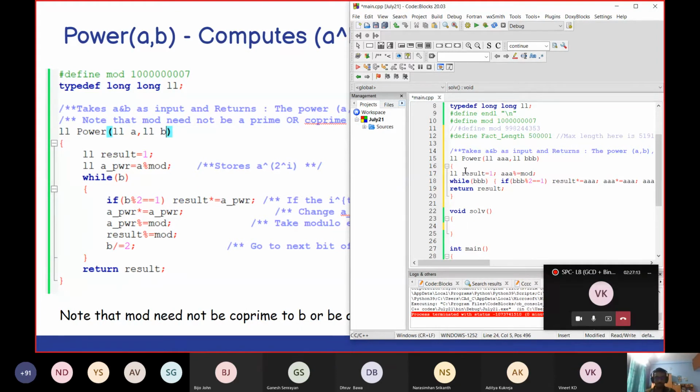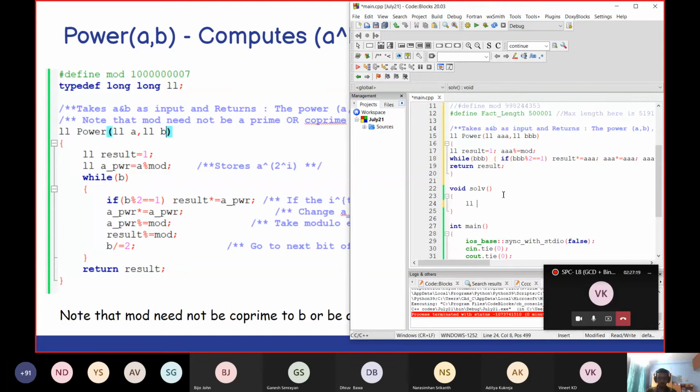So for example, let's say we do for some number that we know will be less than the mod. Let's say we fix A to be 2 and B to be 2 power 20. So if I do 2 power 20 mod this number, I should get 2 power 20 only, because 2 power 20 is less than this number.